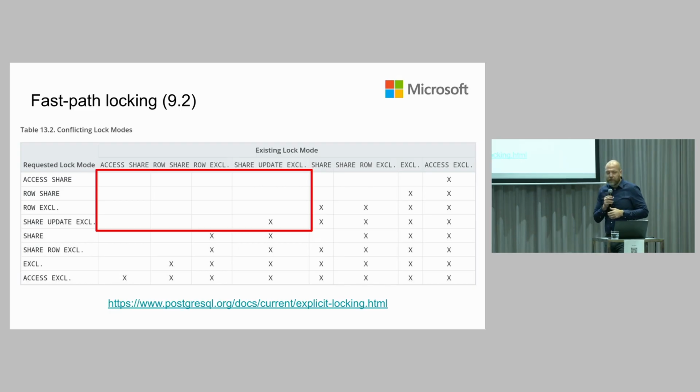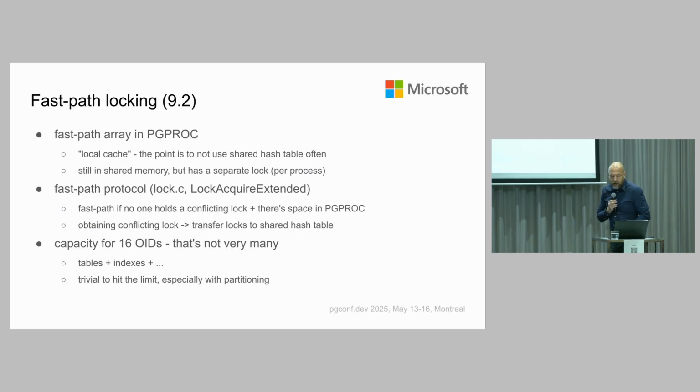And that was the idea behind fast path locking, which was introduced in 9.2, which essentially adds a buffer for each backend. And you don't actually need to access the shared lock table as long as you are only acquiring these weak locks, which is much cheaper because we do not need to do anything with the shared lock table, right?